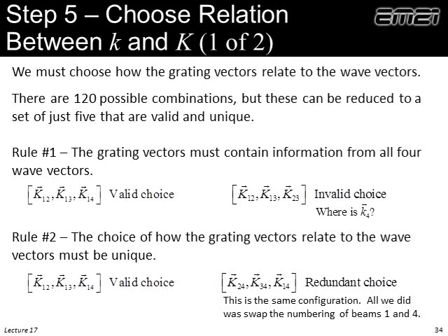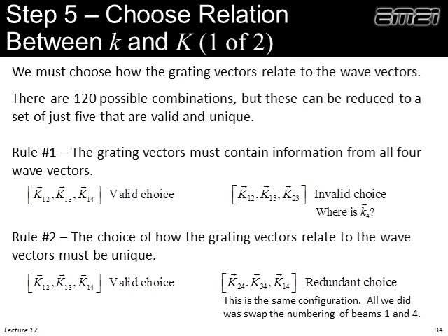It turns out there's 120 possible combinations. But there's a lot of redundancy in that, and in fact there's only 5 that are unique. So what are the rules to come up with this unique way that the wave vectors will relate to our grating vectors? One, we know this one already, but the grating vectors have to contain information from all 4 wave vectors.